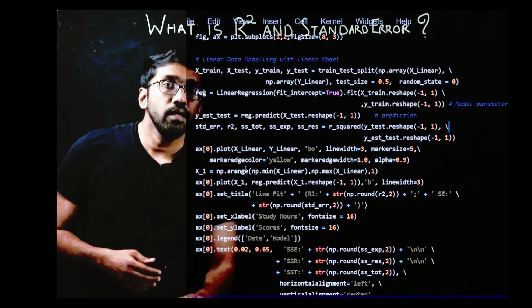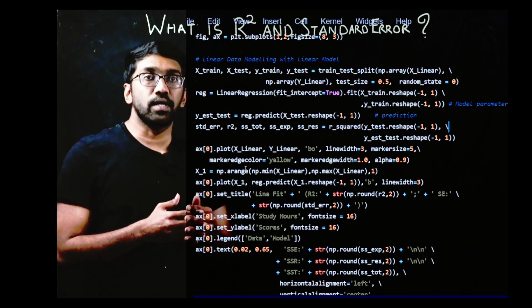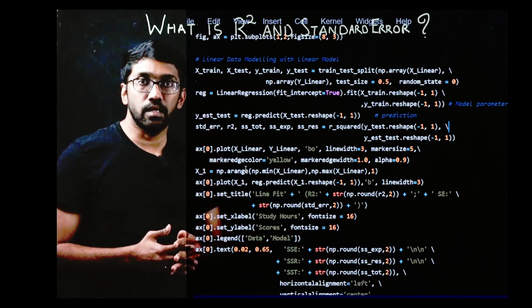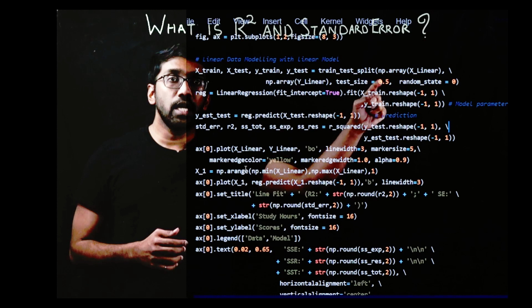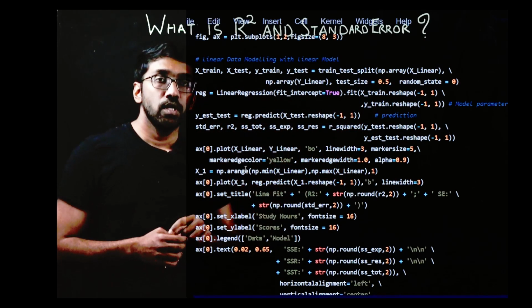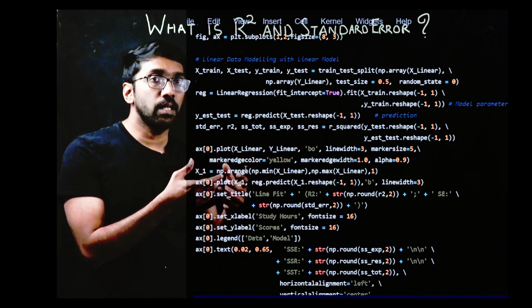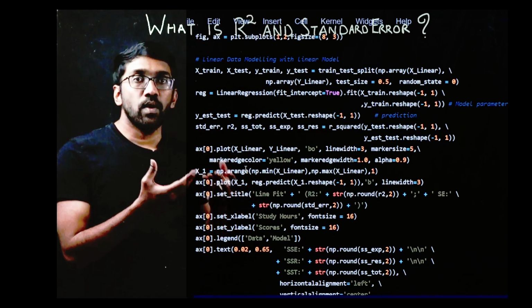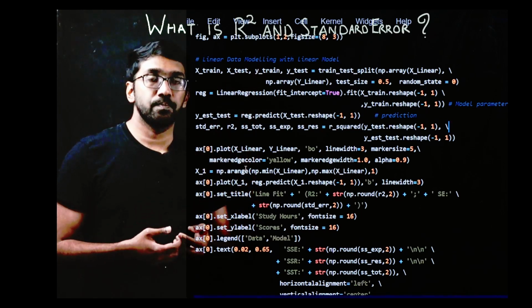So down the line here, I'll be fitting an ordinary least square regression fit on this linear dataset. And before that, I'll first divide the input data into training and test sets. The training set will be used for modeling or estimating the model parameters, and I will evaluate the test set for quantifying the performance of the model.